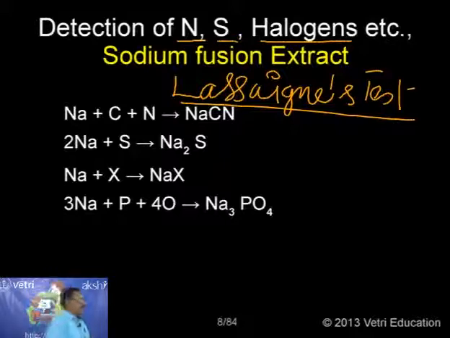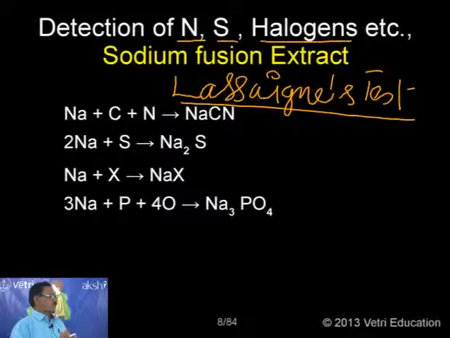Here, if it is a solid or liquid, what we have to do is take a piece of dry metallic sodium. Normally we preserve it in kerosene, a chemically inert solvent. So take out this small piece of sodium, dry it by pressing it through filter paper, and then introduce it in a fusion tube along with a little organic substance, and heat strongly.